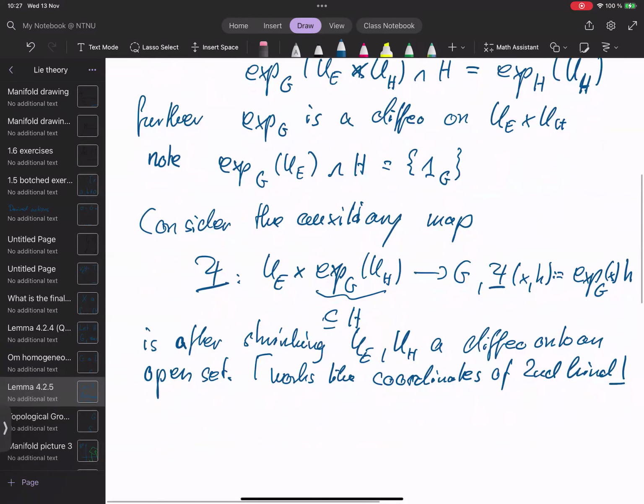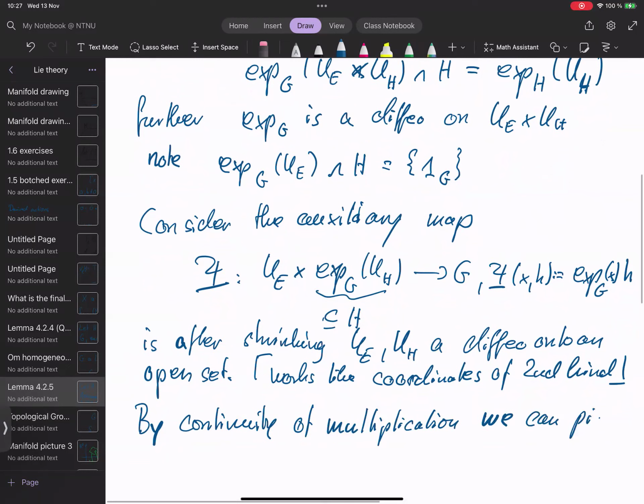Okay, so we have this diffeomorphism, and now by continuity of multiplication in the Lie group, we can pick an open zero neighborhood, VE, which is symmetric in the sense that if I multiply with -1, I get the same set.